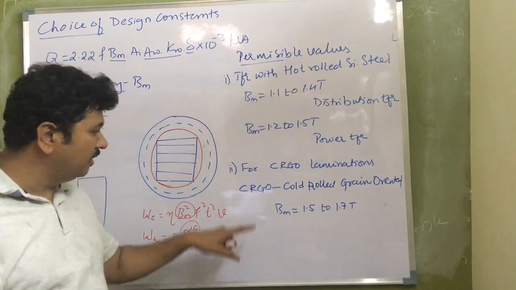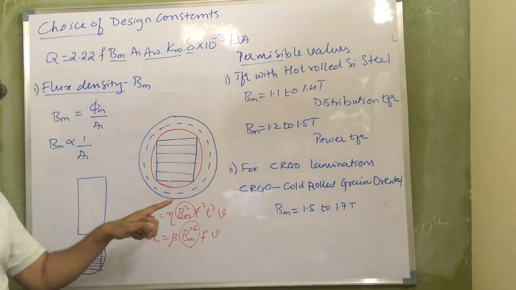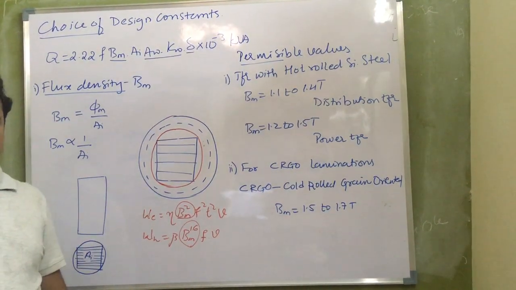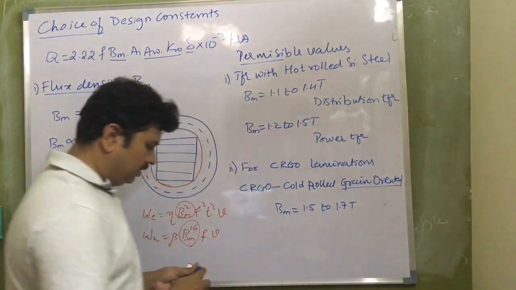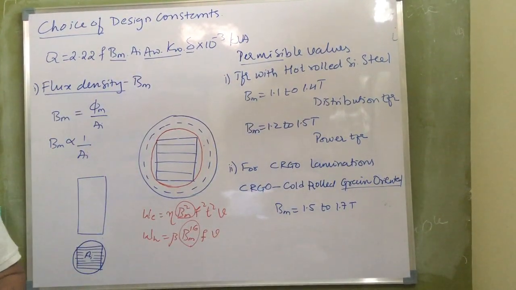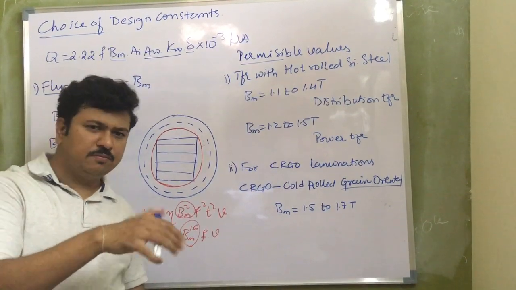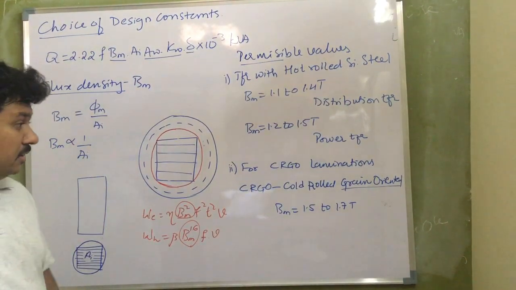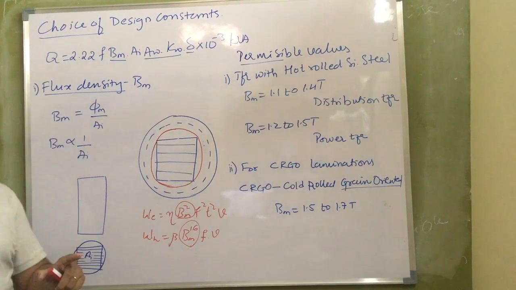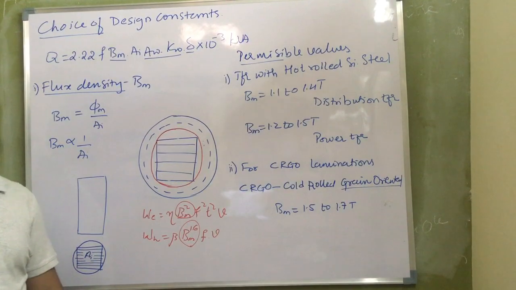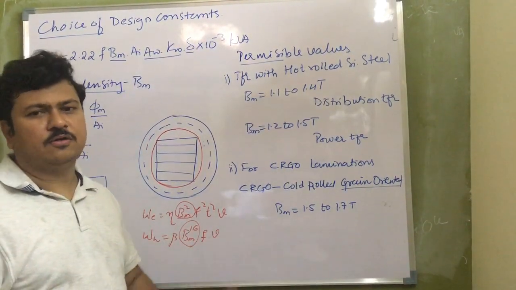The importance of this is that the surface resistance is very high. The core is prepared with the cold roll process and silicon grains are sprinkled on it. The silicon grains sprinkled on the surface increase the conduction resistance to a very large value, due to which the eddy current losses fall.